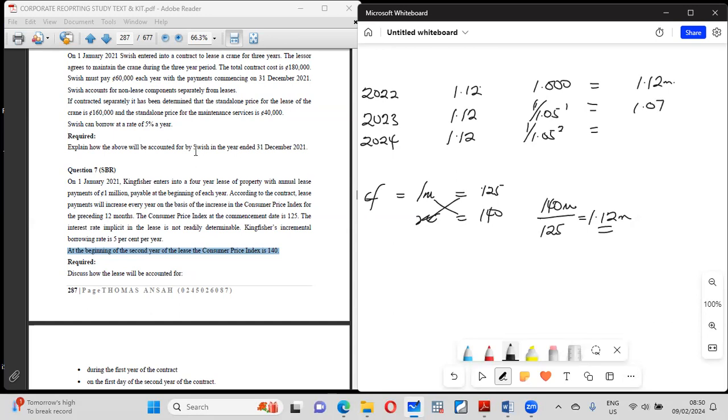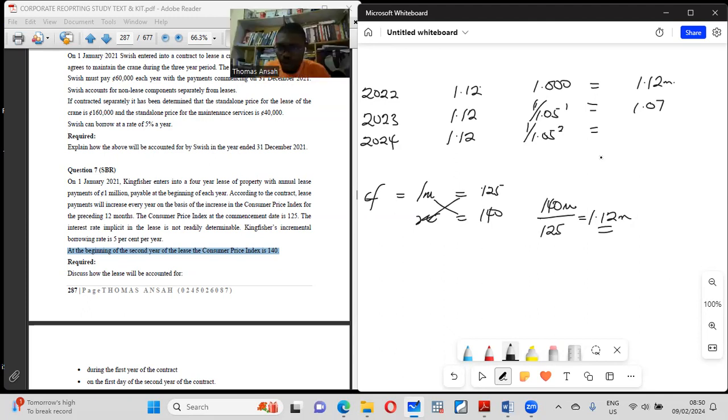Then for the next one, I have 1.02. So if I now total everything, 1.02 plus 1.07 plus 1.12, my liability as at this time is 3.21. So you can see clearly what has happened.